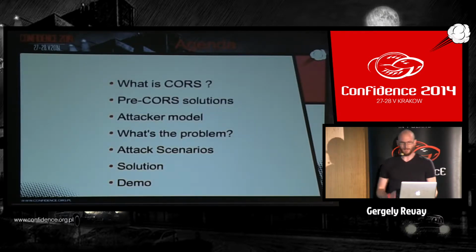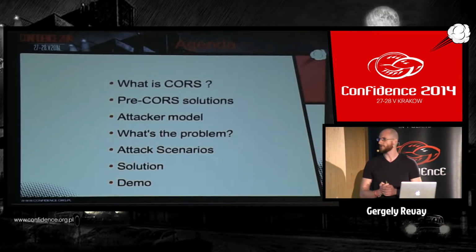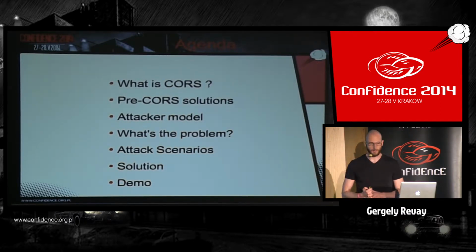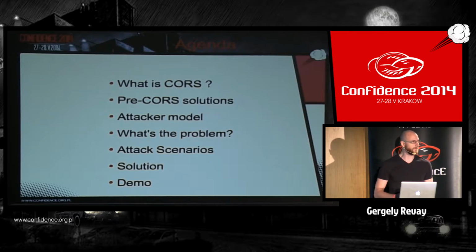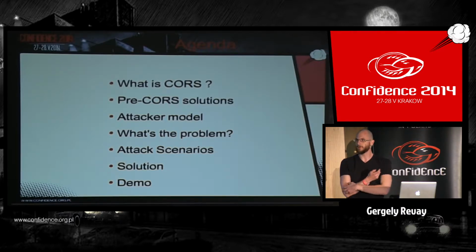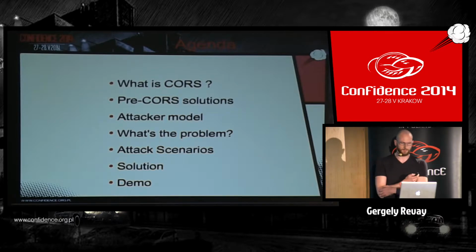Then, what is the talk really about? It's about cross-origin resource sharing, which I will call CORS, because it's a really long word and I don't like long words. I will introduce CORS, and I will talk a little bit about what was before CORS, how it was solved before it existed.